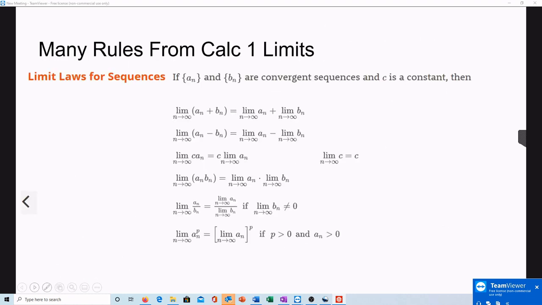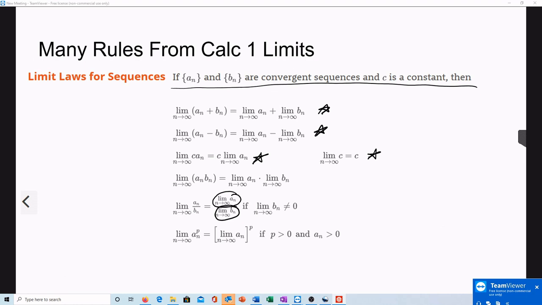So, we've got many Calc 1 limit rules that are just nice to remember. A lot of these are what you know from derivatives and integrals, so that's really nice. We've got our addition rule, subtraction, scalar multiplication, the limit of a constant's a constant. Now we have to be a little careful here because this is not true for derivatives or integrals, but we have the limit of a product is the product of limits if we have convergence of individual sequences. Be careful there. We can split up division into division of limits, again, only if each of these is convergent itself.